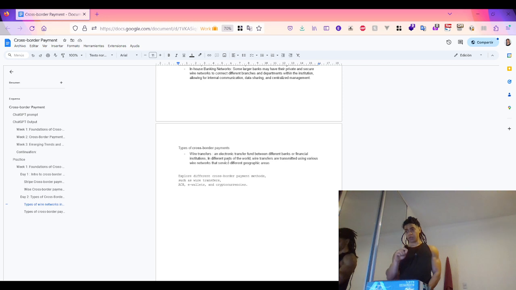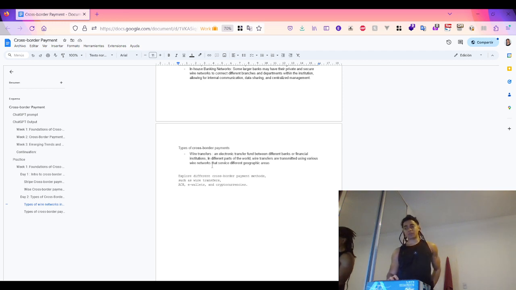That can be a private equity firm, venture capitalists, or any other financial institution, in different parts of the world.